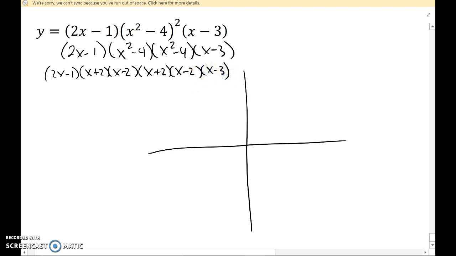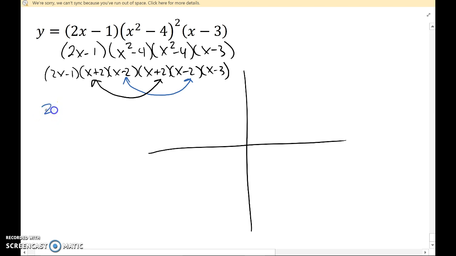And so I know it looks like quite a bit. You may or may not have to rewrite that. I think it is important to notice that we have 2 x plus 2 terms, and we have 2 x minus 2 terms. So at those zeros, we have a multiplicity of 2, and so it will bounce at 2 and -2.